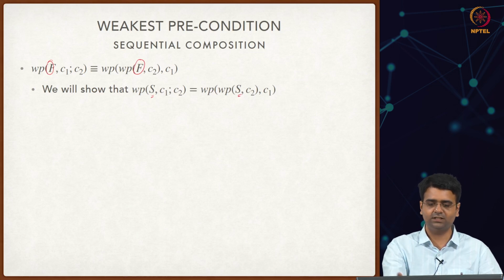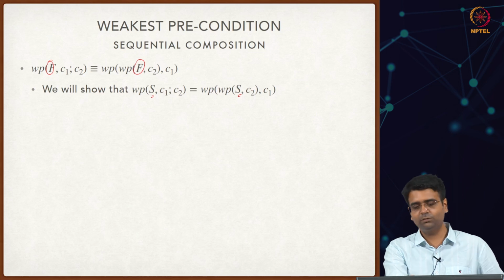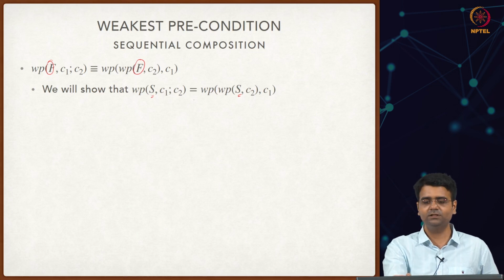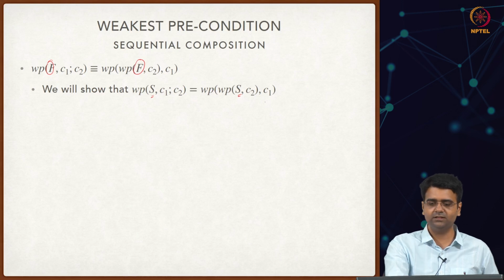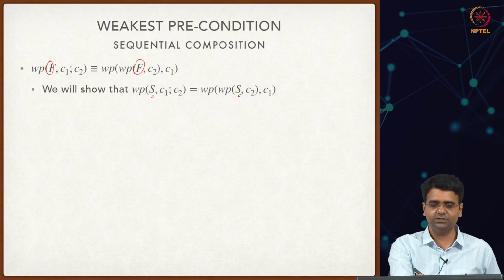We will formally prove that WP of S comma C1 semicolon C2 is equal to the right hand side, which is WP of S comma C2 comma C1. The advantage of taking a set of states is that this WP is itself now a set, so both these are sets.